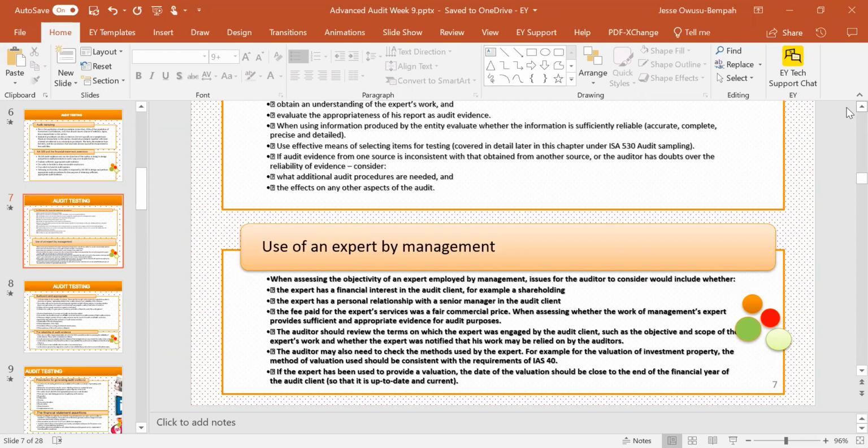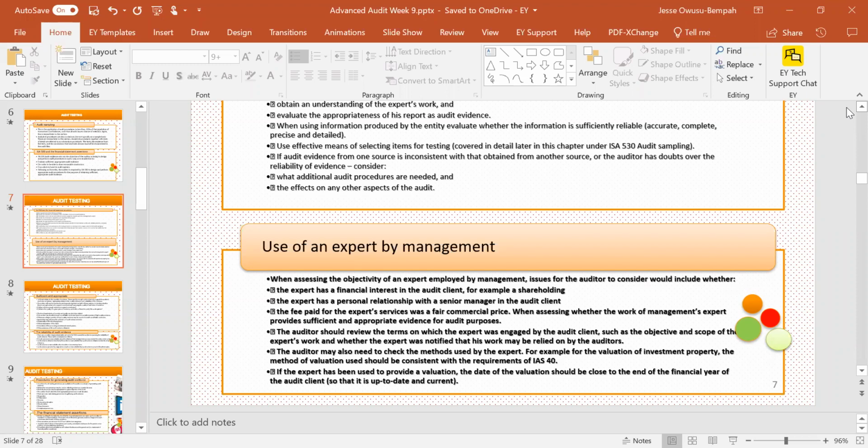That's a very, very good question. Does anyone have a clue? Can we say that if the expert is employed by the management, the auditor can get probably a third, more neutral expert to go over it?